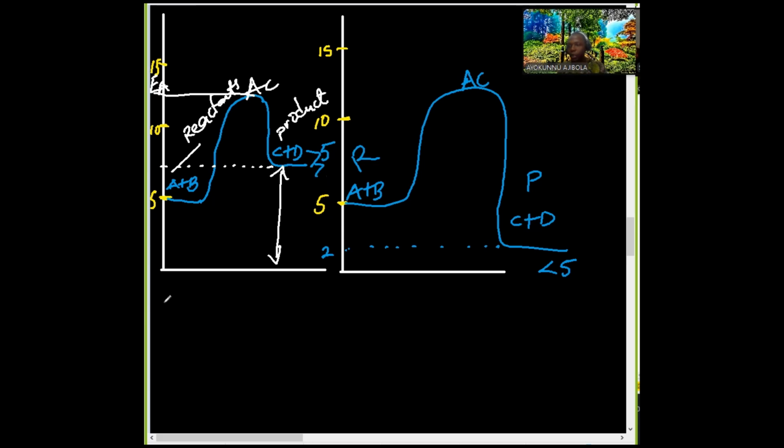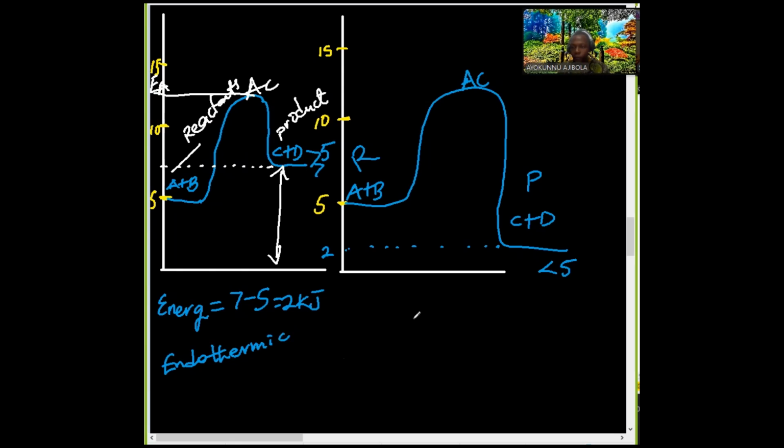So the energy difference will be energy of the product minus energy of the reactant. This will be positive 2 kilojoules, okay? Is that clear? Yes, sir. Which means this takes positive 2 kilojoules from the environment, and that is why it is called endothermic.